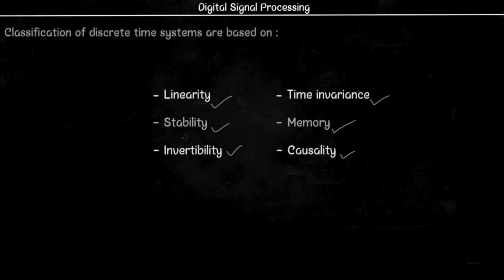If a property holds for the system in the case of some input signals but not for the others, then the system does not possess that property. Thus, a counterexample is sufficient to prove that a system does not possess a property. However, to prove that the system has some property, we must prove that this property holds true for every possible input signal. Okay, that's all for this lecture.